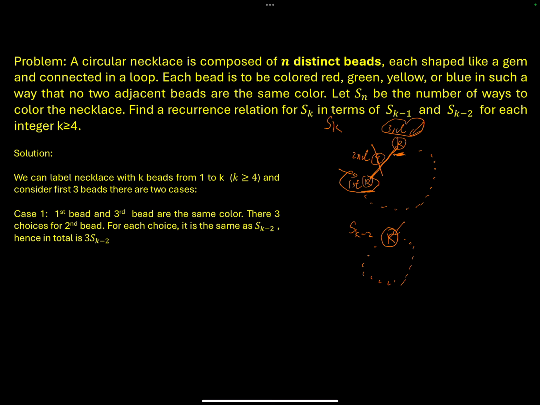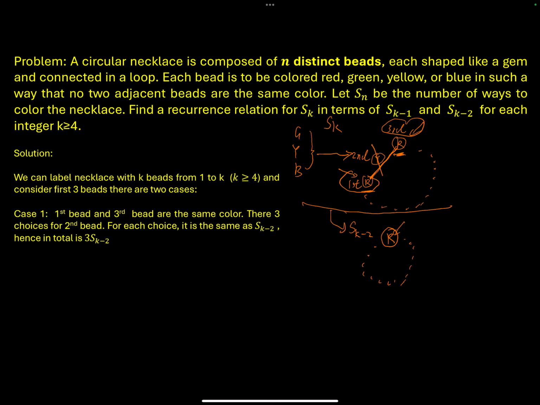For the second bean, we have 3 choices so long as it is not the same as the first and third bean. In this scenario, because the first and third beans are red, the second bean can be green, yellow, or blue. So in total, we have 3 scenarios based on the color we choose for the second bean, and each scenario reduces to Sk minus 2.